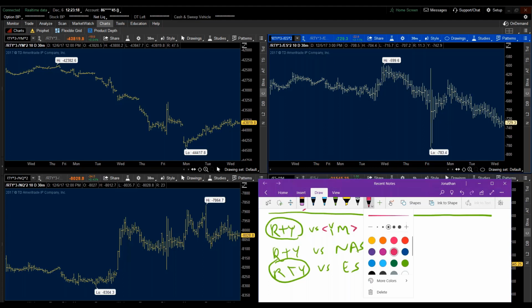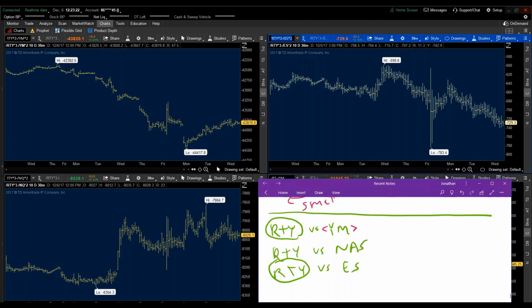That's over here. And then for Russell Nas, that one seems like it might be different, just looking at all these other charts relative to one another. So if anything, that Russell Nas, it's either neutral, or maybe we'd actually even want to sell the Russell and buy the NASDAQ.